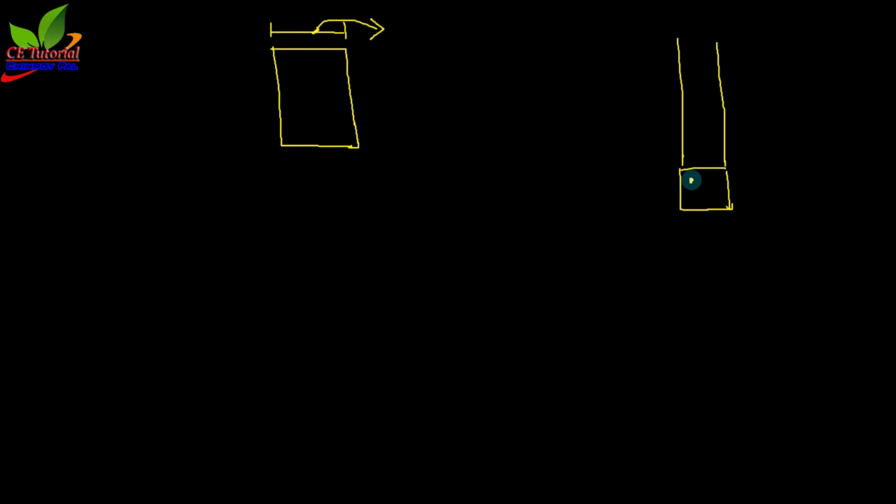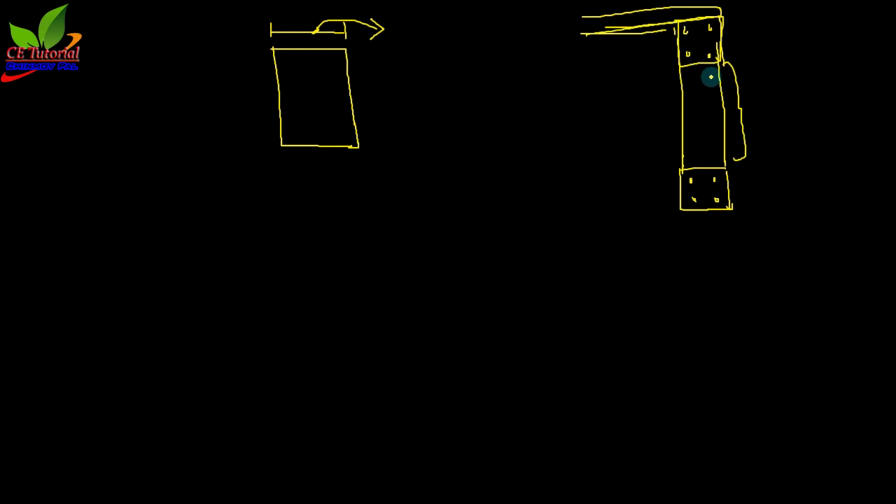Suppose this is the cross section, this is the beam section, the bottom of the column, this is the column, and this is the topmost beam. On this beam, suppose one slab is resting over the beam.